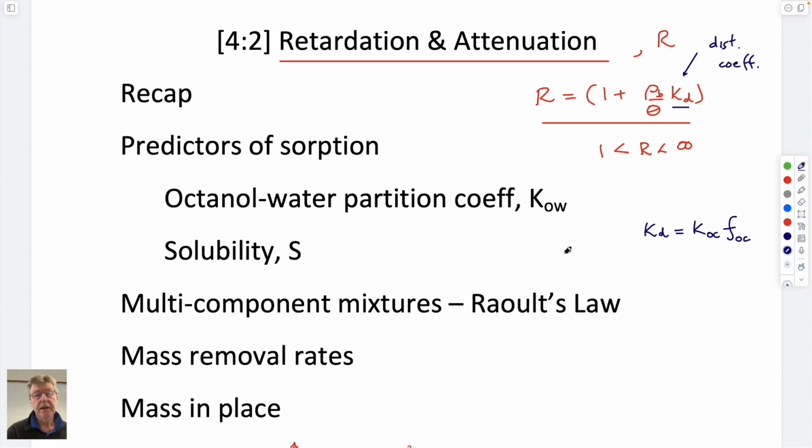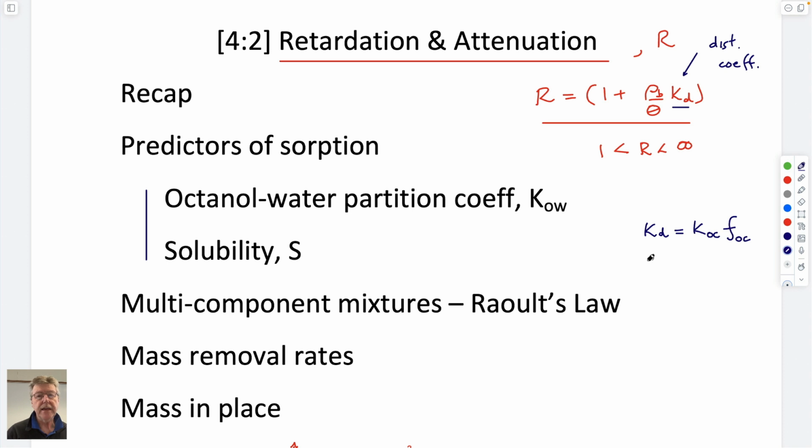If we assume that all of the sorption in the aquifer is due to organic carbon, which is not always true unless there's lots of organic carbon, then we can approximate the distribution coefficient by the organic carbon partition coefficient and the fraction of organic carbon as a weight fraction of the reservoir.